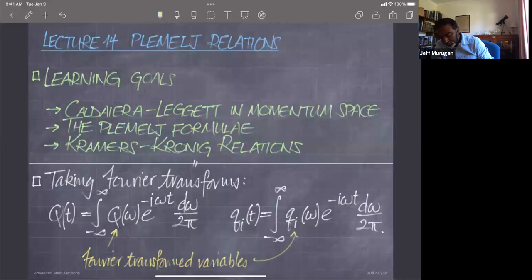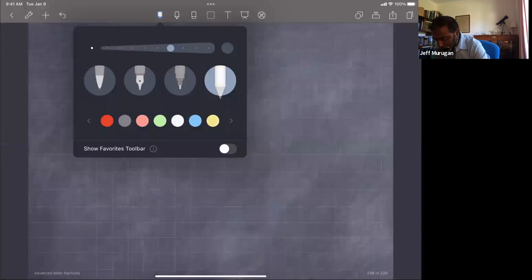Those two. And this is our choice of normalization. The 2 pi comes from normalization. So if I substitute this into the equations of motion, I'll find the following.